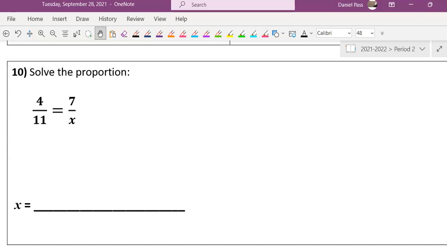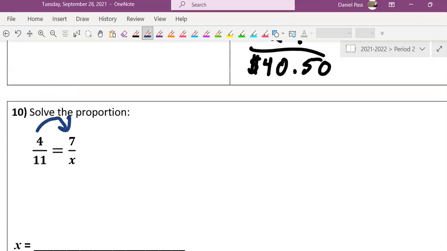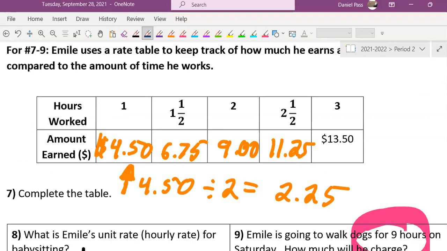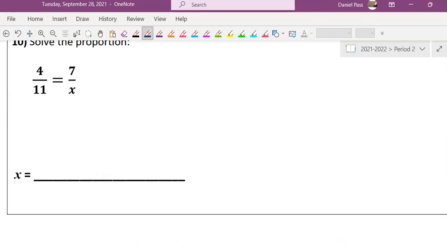I cross multiplied. Yes, cross multiply, because if you try the other method with the equivalent fractions, we can't multiply anything to get from 4 to 7 or divide by anything to get from 7 to 4. And we also can't reduce this. So that method won't work. We're going to end up with a decimal. So what do you do, cross multiply first? 7 times 11 equals 77. 77 equals what times x? 4 times x, 4x.